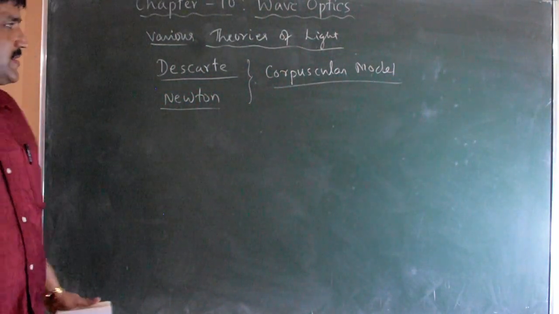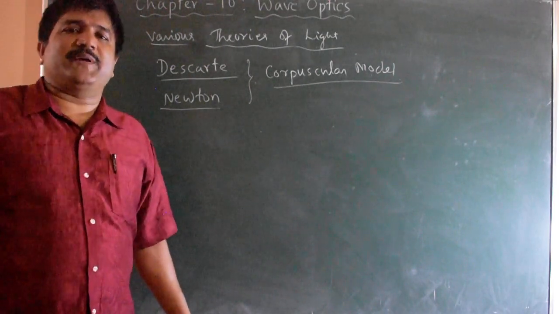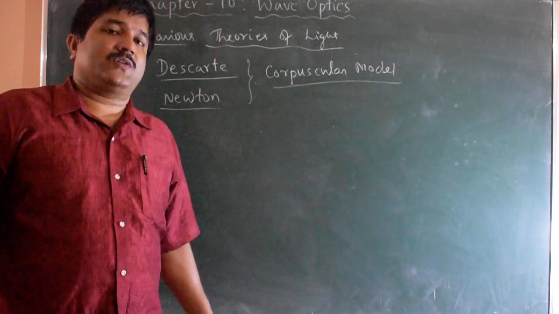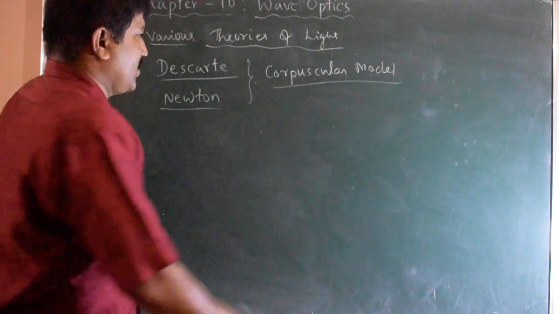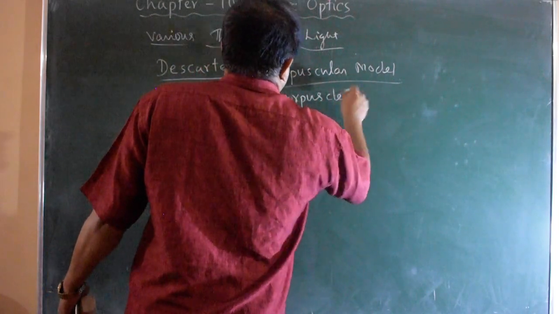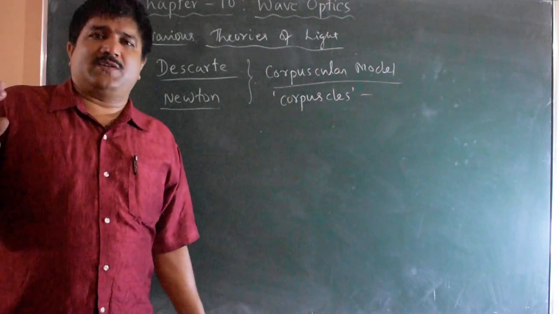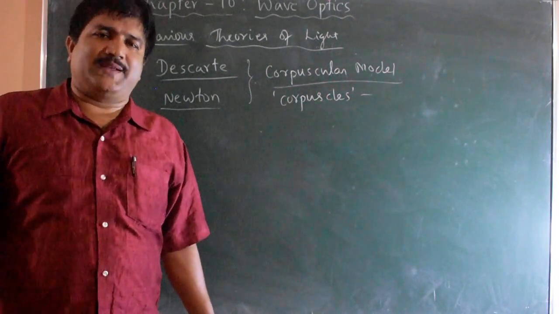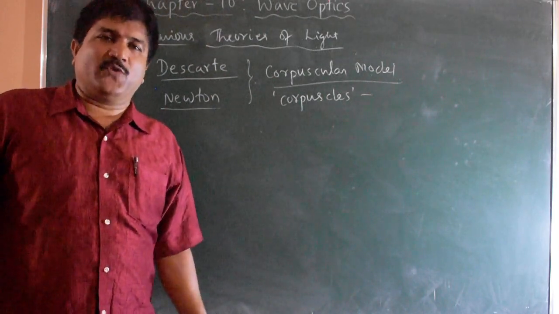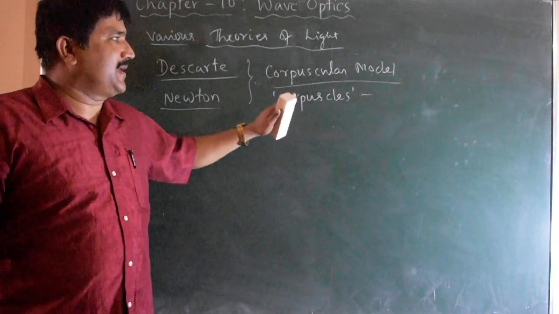According to this model, light is emitted by a source in the form of tiny particles called corpuscles, which actually make up the light. Now we have named them photons, but the idea of Descartes may not be exactly that.